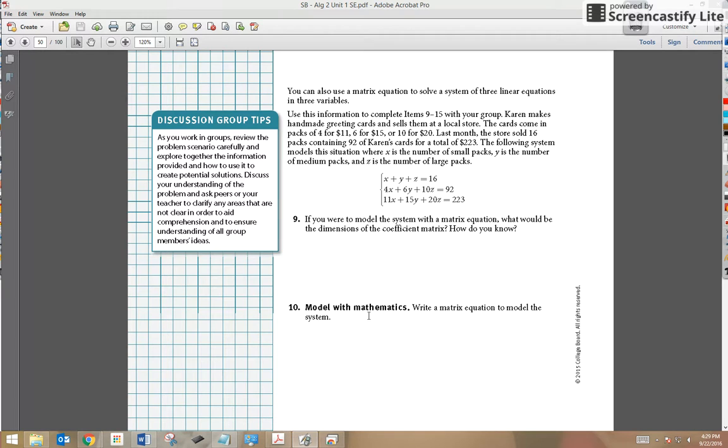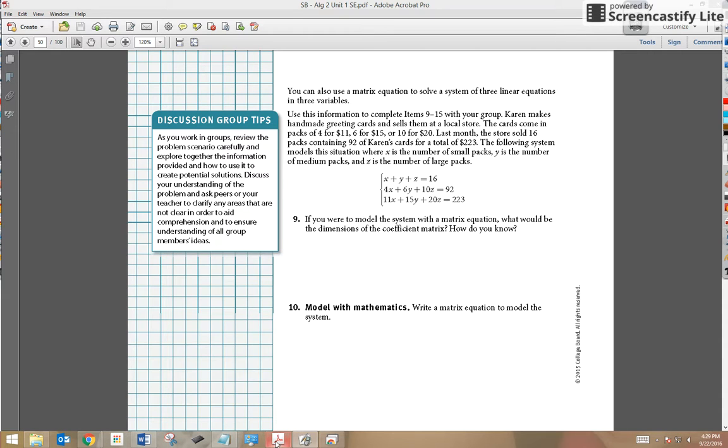The difference is that you would first create a 3 by 3 matrix and then a 3 by 1 matrix, plugging the coefficients of x, y, and z of these equations into the first matrix, and then the 16, 92, and 223 into the second, 3 by 1 matrix, and then doing the same basic steps.